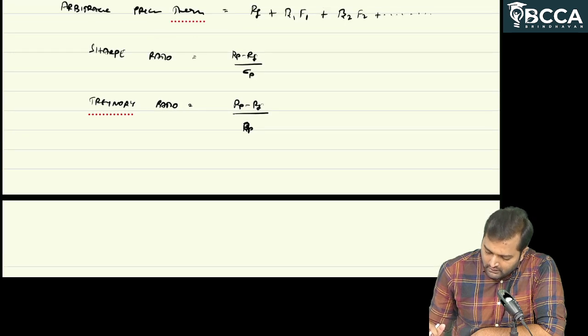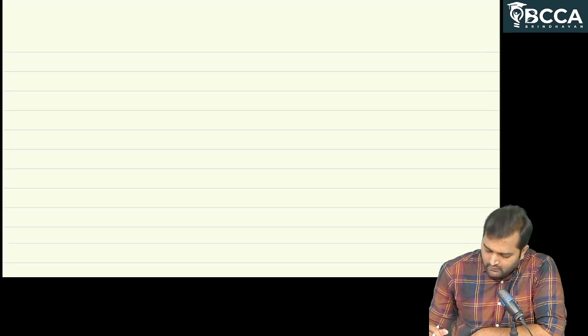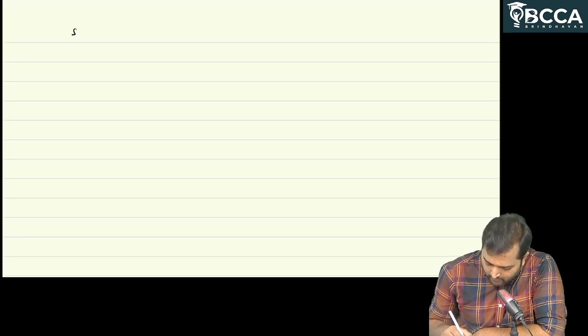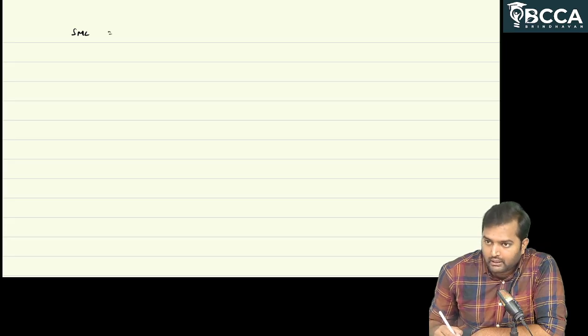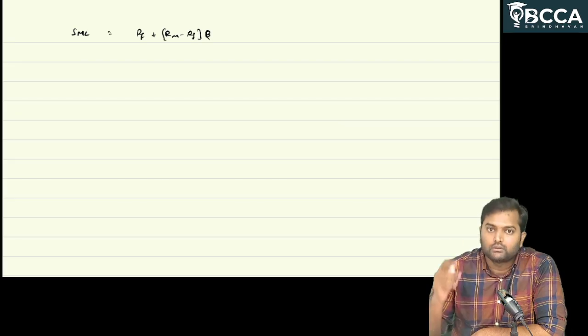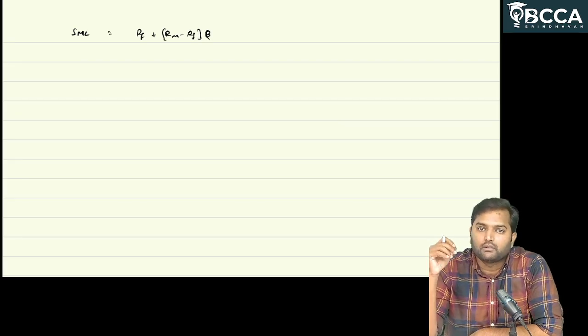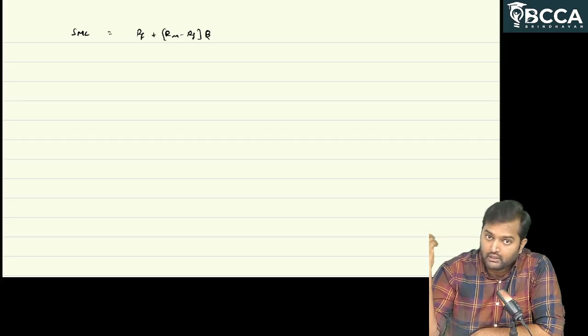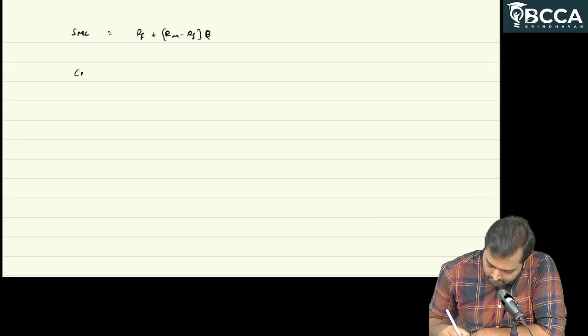After the Sharpe ratio and Treynor's ratio, next is the security market line. The security market line is the graphical representation of CAPM return. It denotes the relationship between security return and systematic risk.